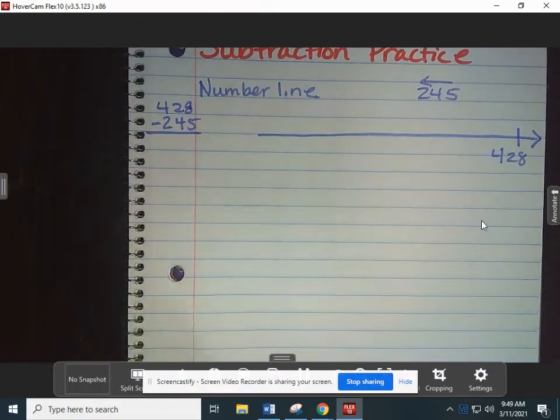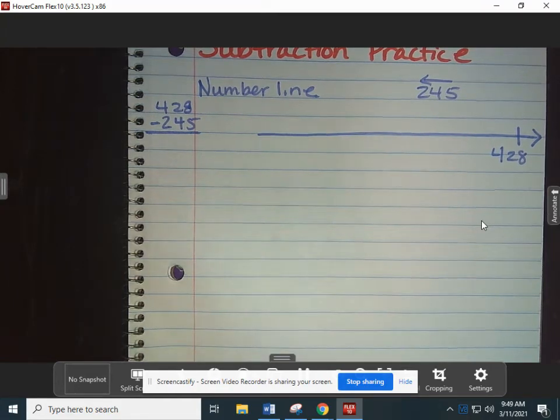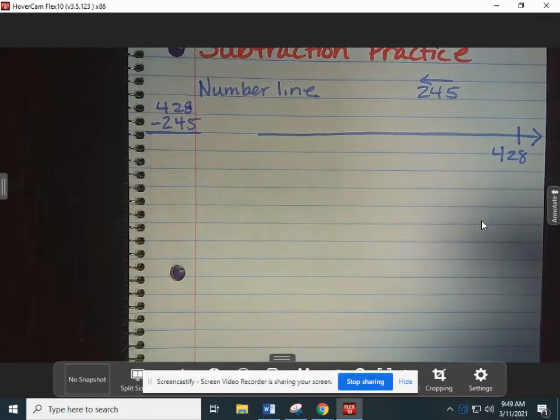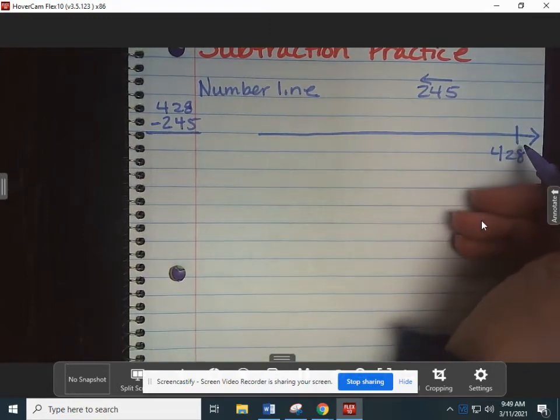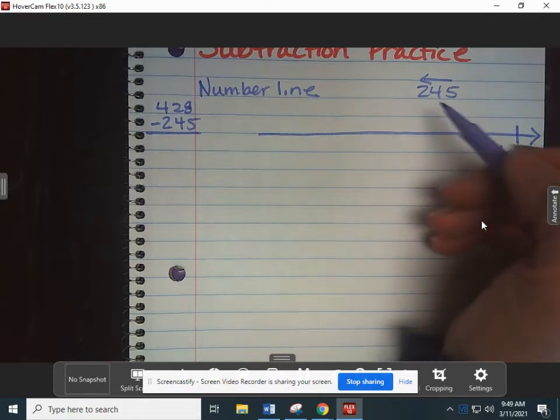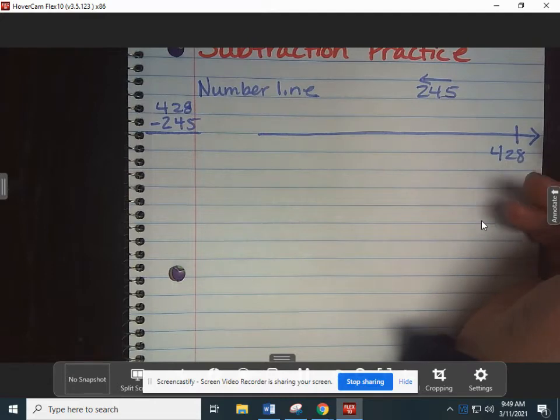What kind of chunks would you take out of there that are easy to use first? Yes, ma'am. 28. Okay, jump 28, so you're at 400. Then what's 245 minus 28?